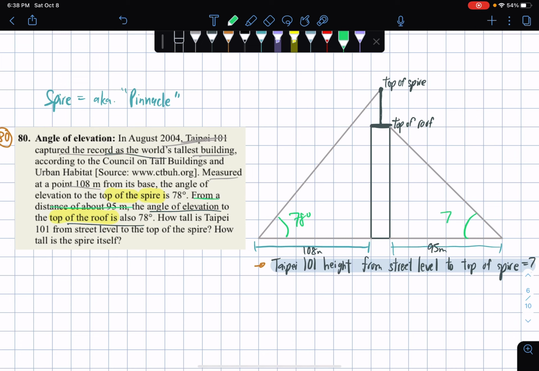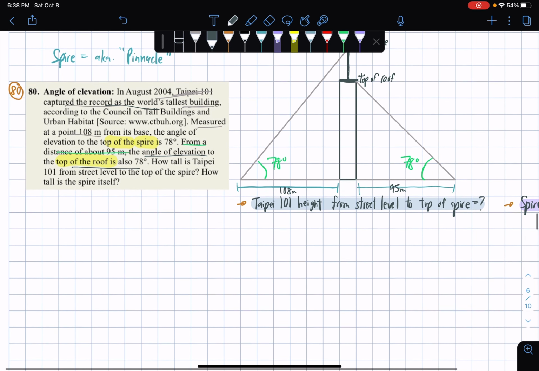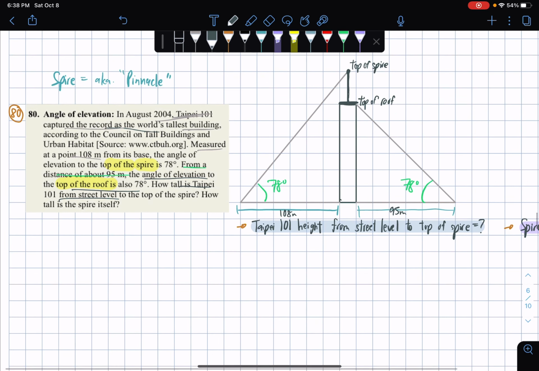And the angle of elevation is also 78. Coincidence? I don't think so. Anyways, the first question is, how tall is Taipei 101 from the street level to the top of the spire? So all the way from street level to the top of the spire. This is what we're looking for in the first question.